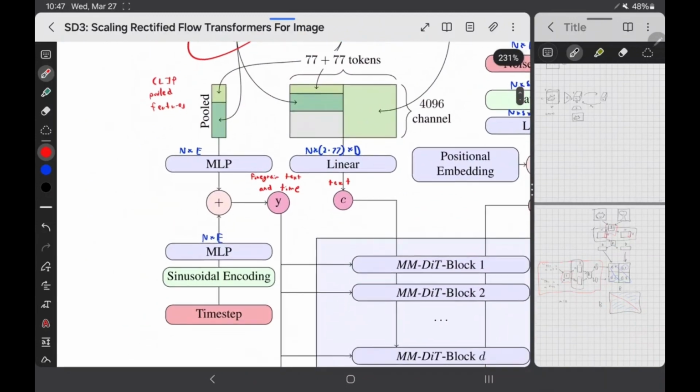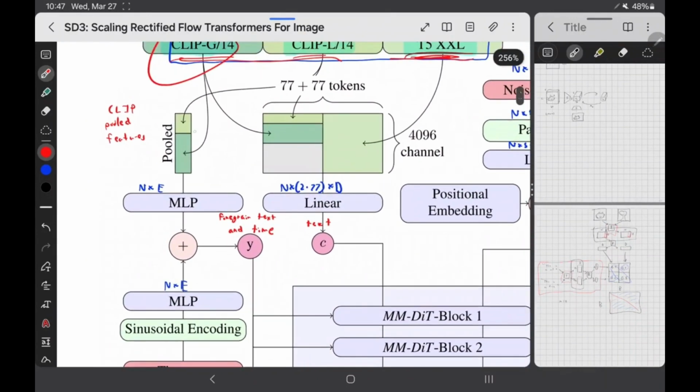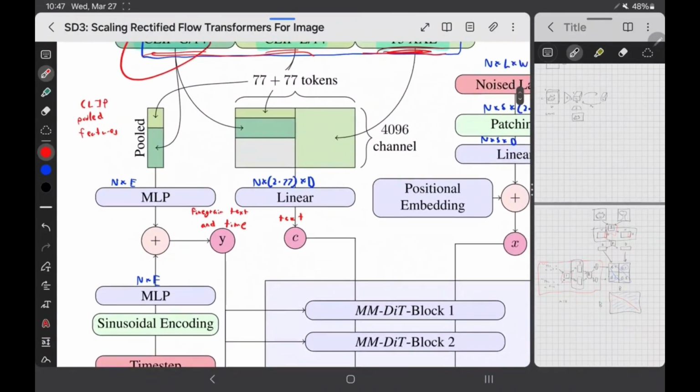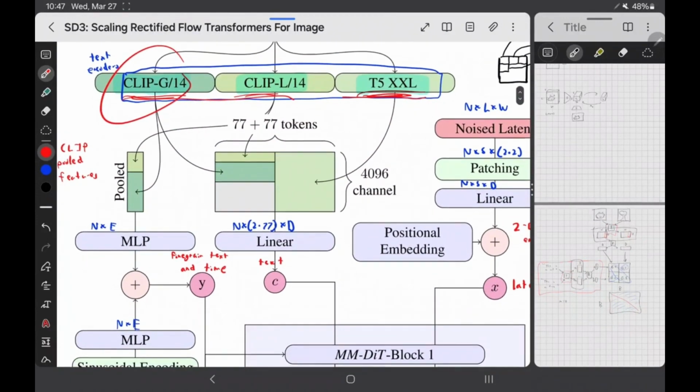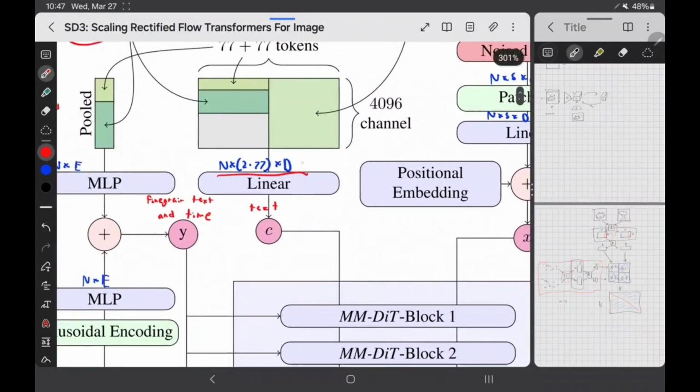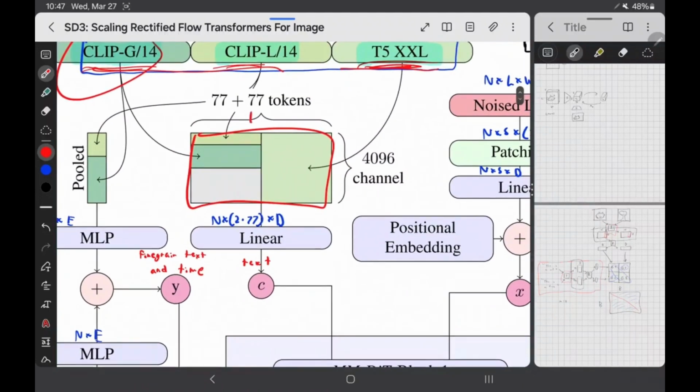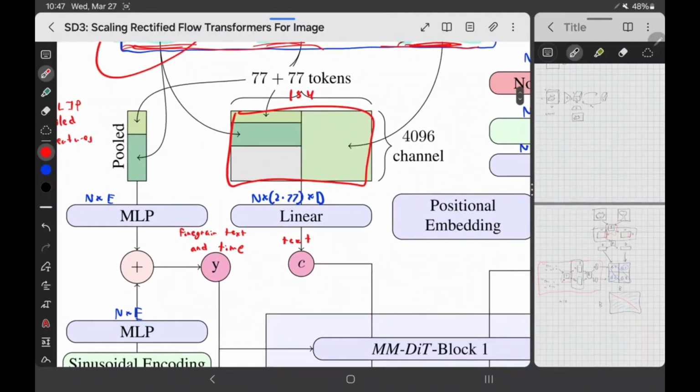And both these are going to be utilized. So this is going to be a vector of size n by e, say. So it's going to be just a vector here, and it's just the two features concatenated. So it's just a long vector representing the text information. This, on the other hand, is going to be a big, thick matrix of, what would that be, 154 by 4096, so 2 by 77 by d.